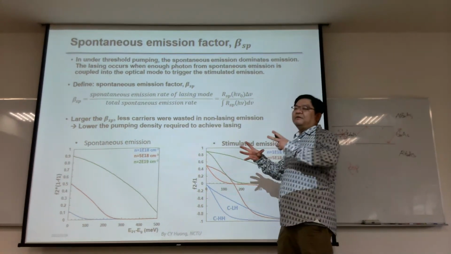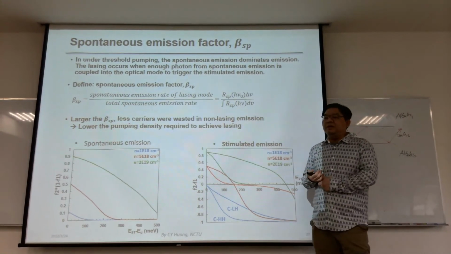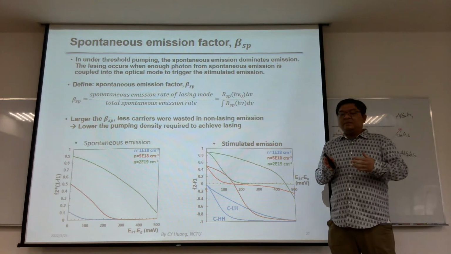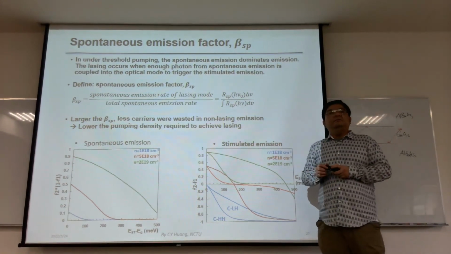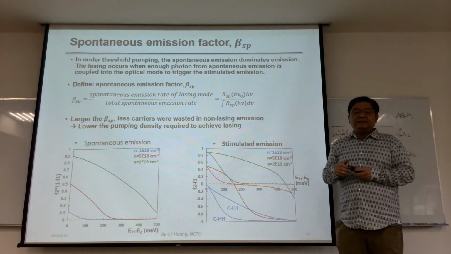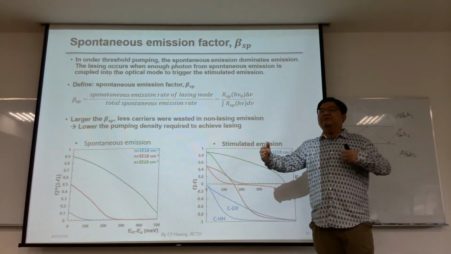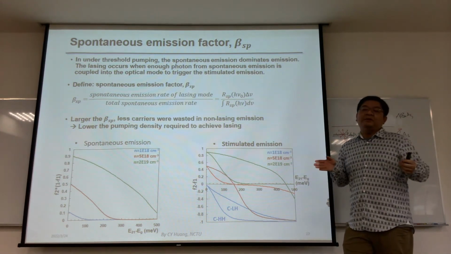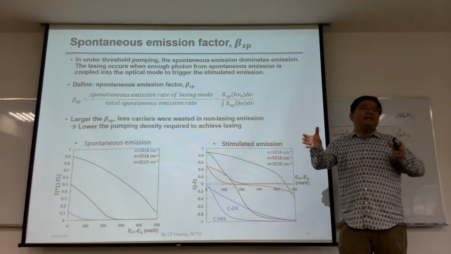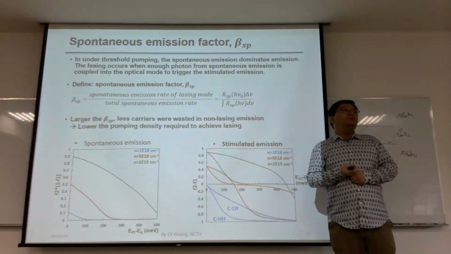So if I have a large cavity, that means the cavity size is much larger than your wavelength. Most semiconductor lasers, edge-emitting lasers, have a length of probably hundreds of microns and a width of 20 or 30 microns, so the cavity size is much longer than your lasing wavelength.